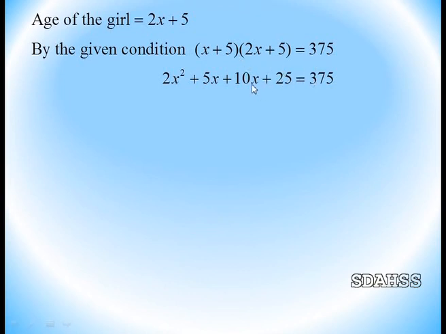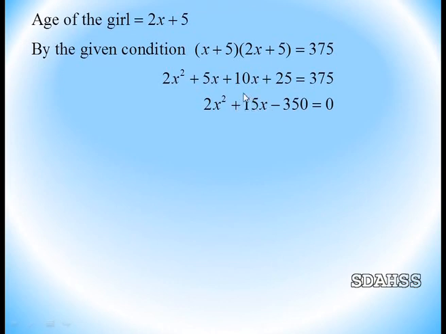So this equation becomes, you keep the first term 2x square as it is, plus 5x plus 10x, 15x. You bring 375 to the other side, it becomes negative. So 25 minus 375 is minus 350 equal to 0. This is of the form ax square plus bx plus c is equal to 0.